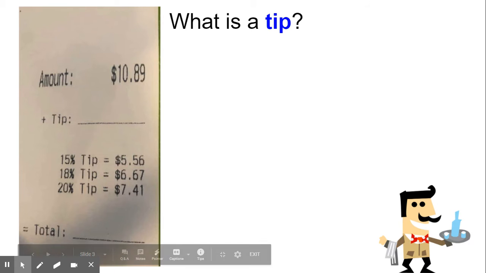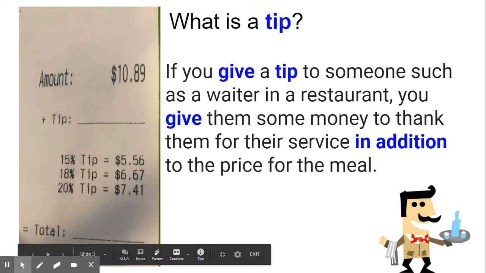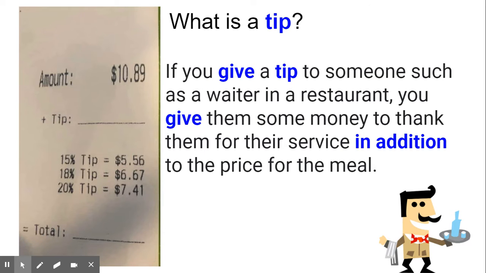Let's start with this. If you've ever gone out to eat before, and let's say your family pays with a credit card, or maybe if they don't pay with a credit card, you get a bill and you're supposed to leave a tip. A tip is actually a gratitude. If you give a tip to somebody, such as a waiter in a restaurant, you give them some money to thank them for their service in addition to the price of the meal.